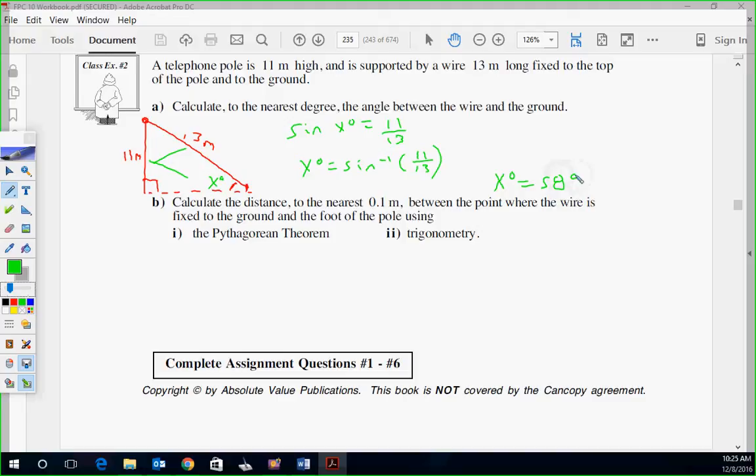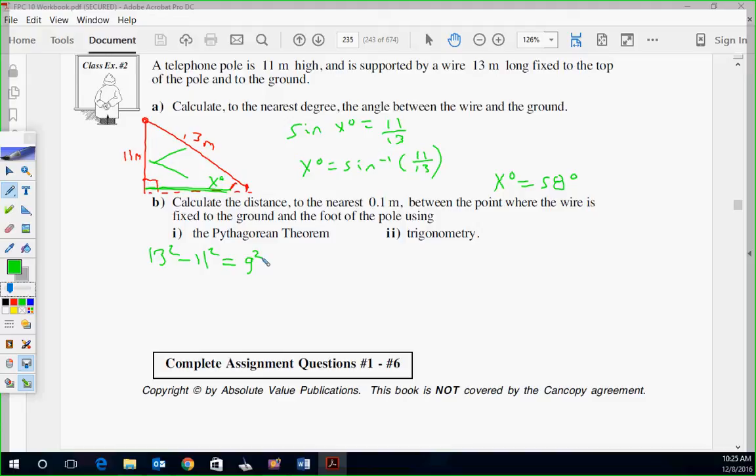Calculate the distance to the nearest 0.1 meter between the point where the wire is fixed to the ground and the foot of the pole. So we're trying to find this distance here. We can use the Pythagorean theorem and we can use trigonometry. The Pythagorean theorem would be 13 squared minus 11 squared equals the ground squared, whatever, g, or you can put x there, doesn't matter.